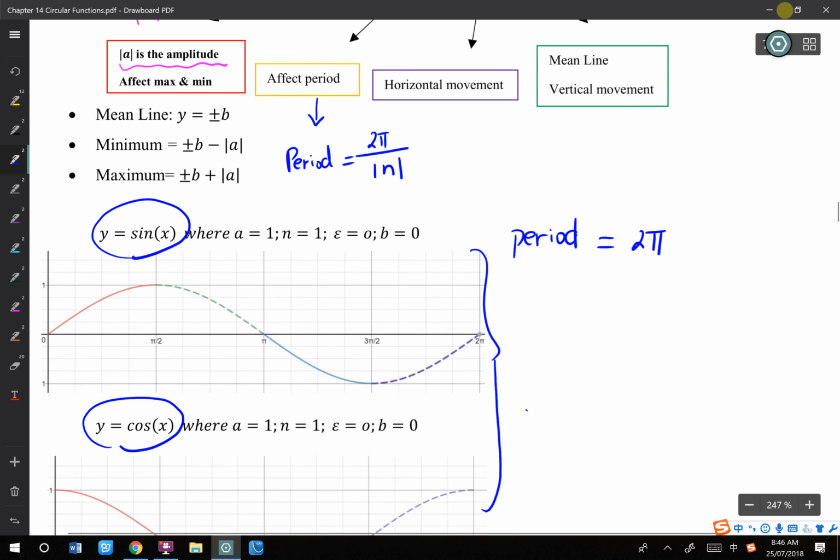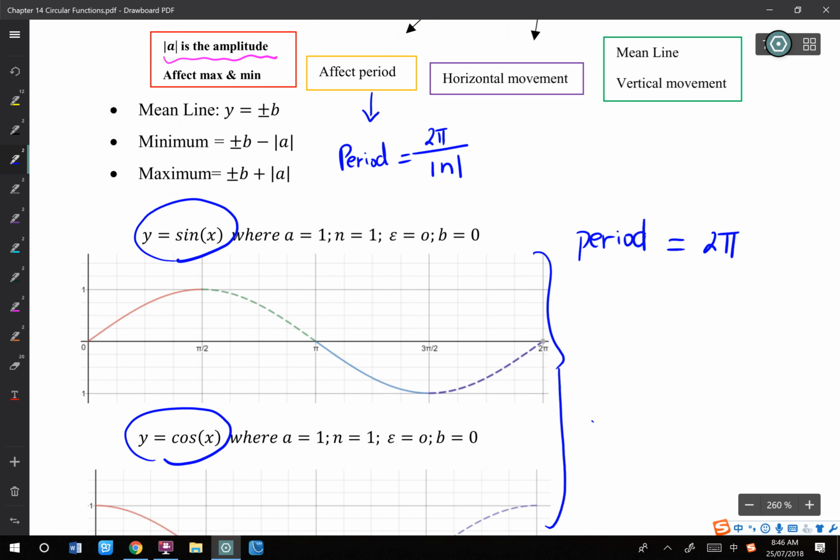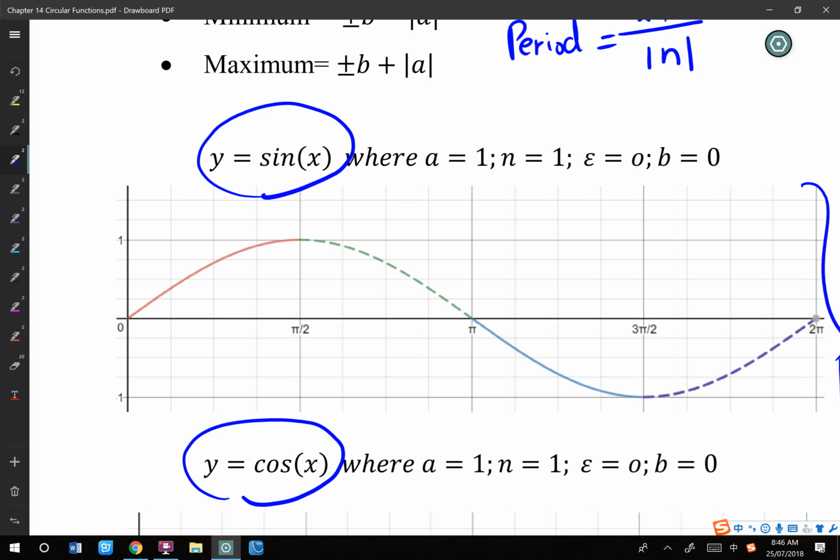Let's go back to the normal sine graph now. I'm not sure if you can see on my one clearly. I have cut that into 4 sections as well, with different colors and dashed lines and solid lines. I said there are 4 stages. If this is a path, think about a roller coaster moving up and down.